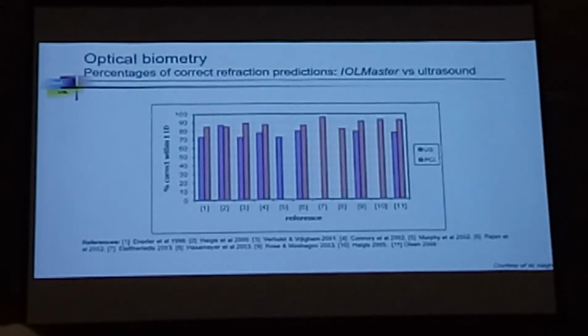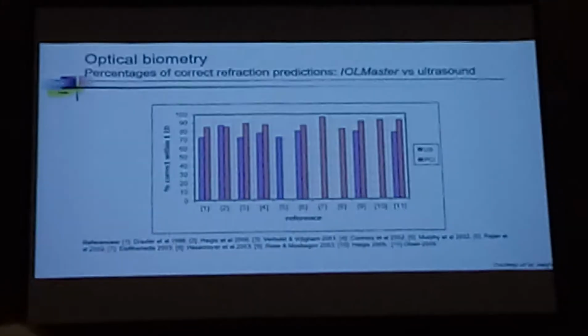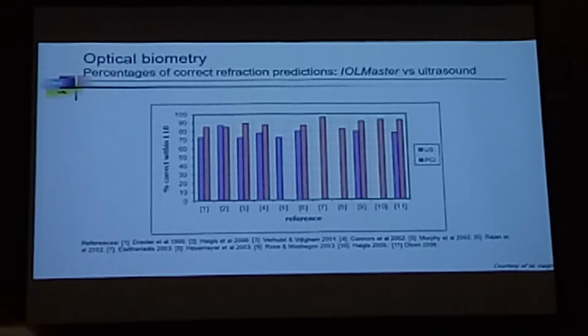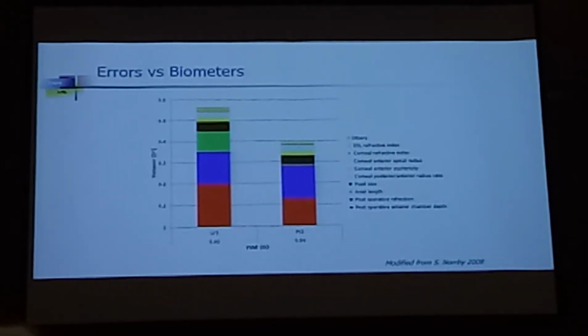As if you do meta-analysis now, the optical has been proven to be far superior than ultrasound. And if you look at the sources of error, if you look at XLN as a source of error, with ultrasound, you can say there is a big contributor.